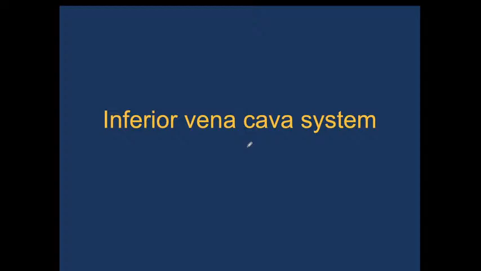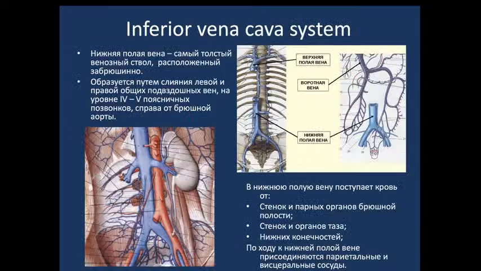Next systems I'd like to talk about. This is the inferior vena cava system. It transports blood from the lower part of our body, usually from the abdomen, from liver, from lower limb.